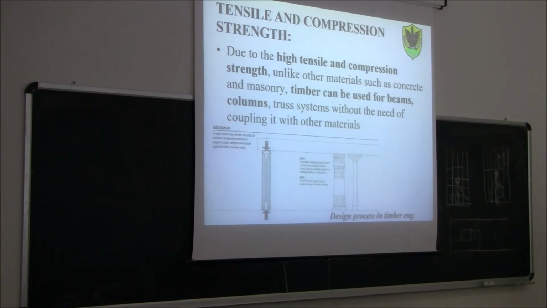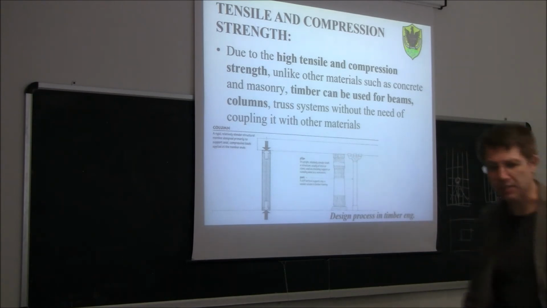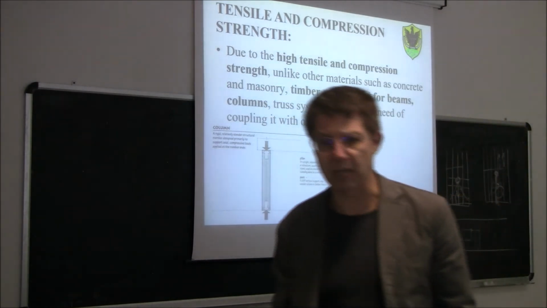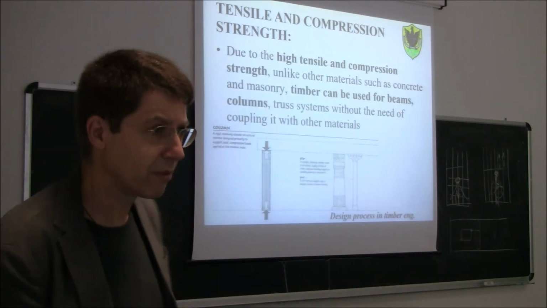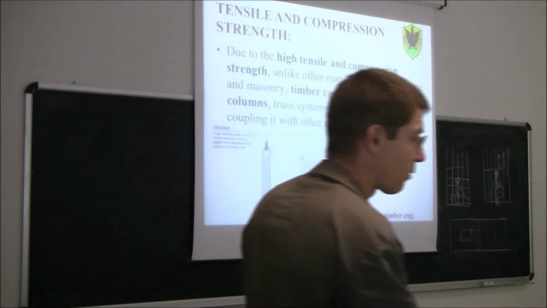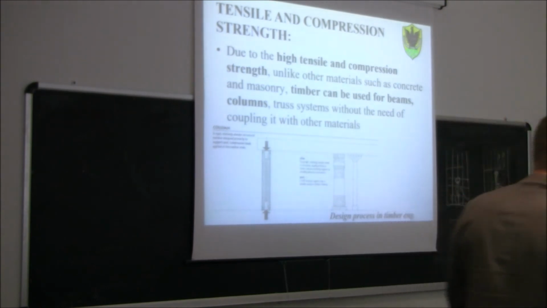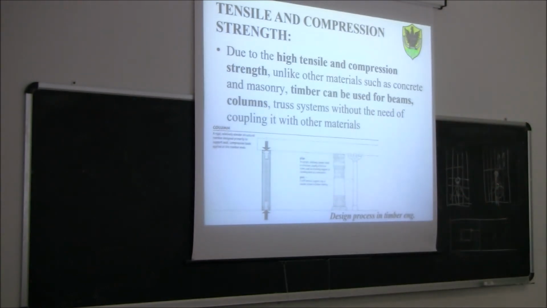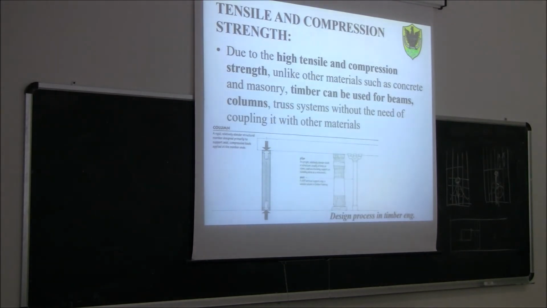This means that, unlike other materials that we have already studied, like concrete, but also masonry, which have a quite significant difference between the compression strength, which is very good, and the tensile strength, which is very bad, a material like wood can be used without any reinforcement for beams, columns, truss systems, for any sort of structure.